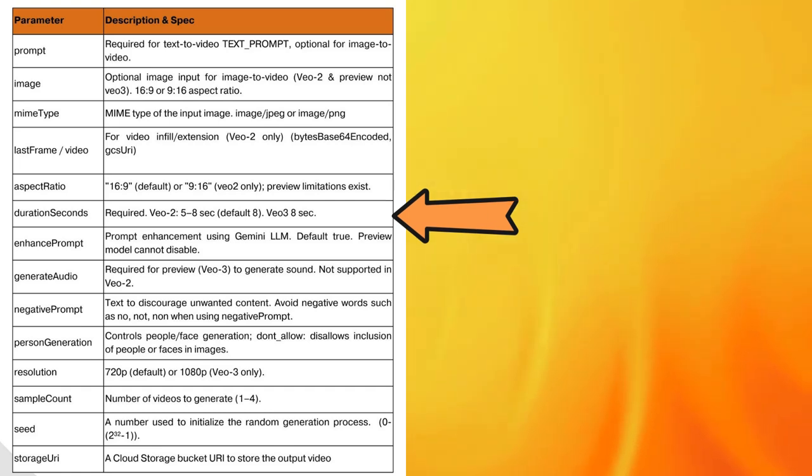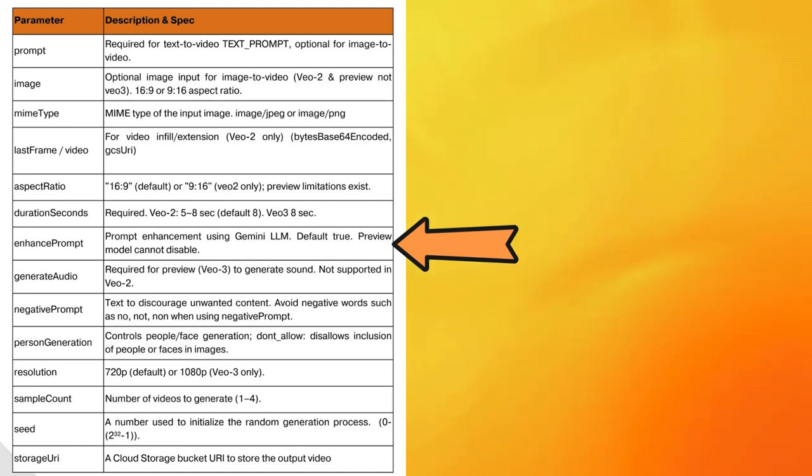Duration in seconds is 8 for Veo 3, 5 or 8 for Veo 2. Enhance prompt is asking Gemini to enhance the prompt you already entered. If you disable this by setting it to false, you will ask Gemini not to enhance your prompt, but only use it as it is.